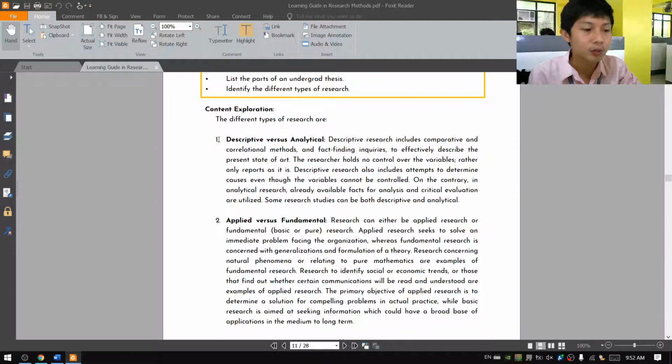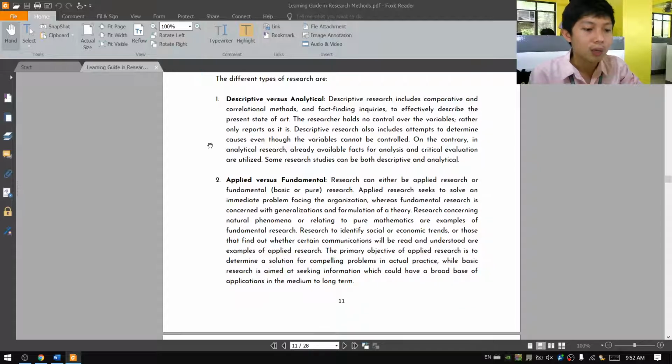Applied research can also be defined by how it is used. Applied research seeks to solve an immediate problem facing the organization, whereas fundamental research is concerned with generalizations and formulation of a theory.